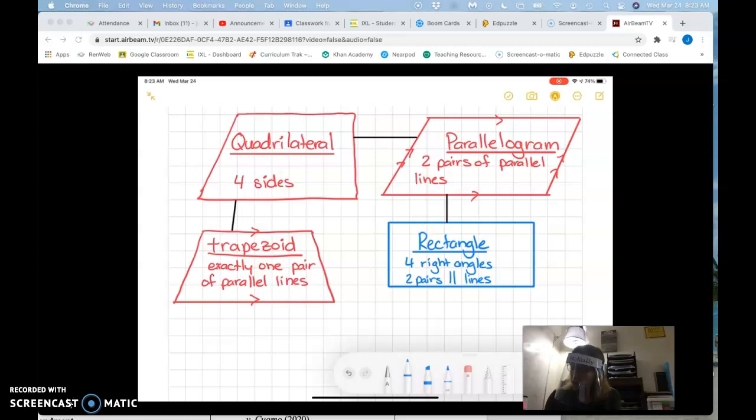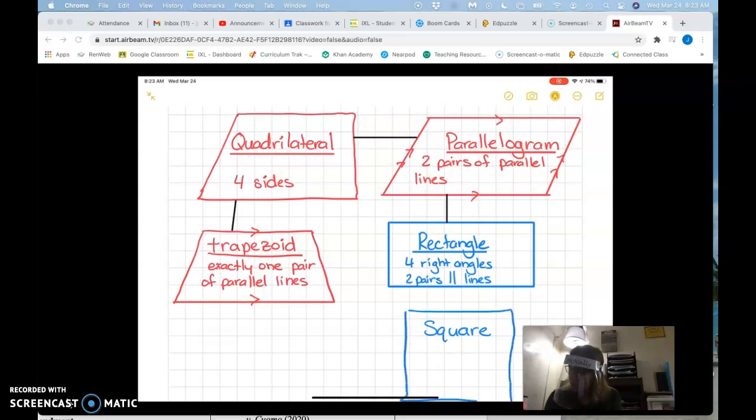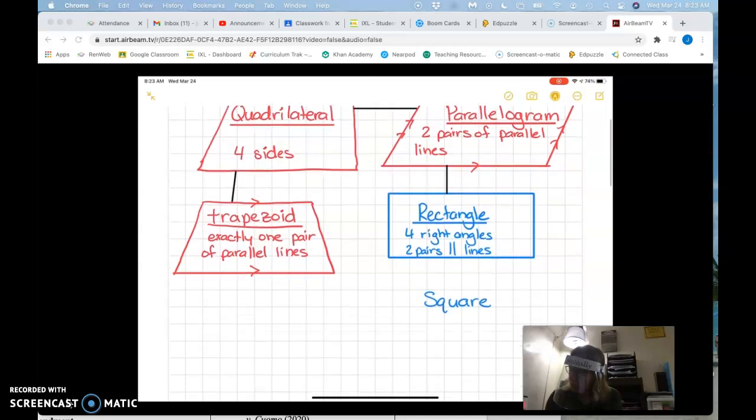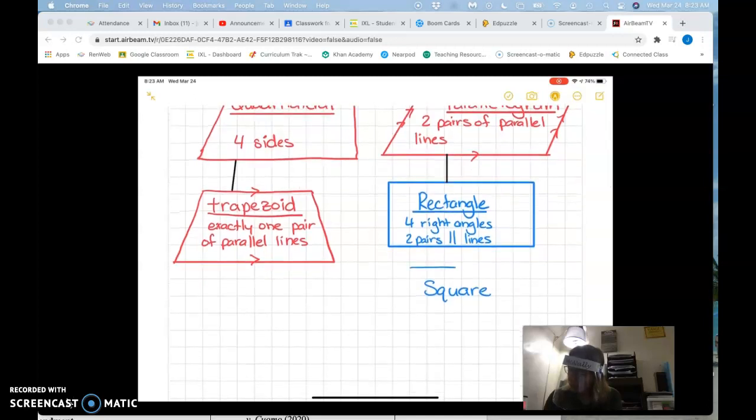All right, the next one is a square. I'm going to try to make it look like a square.